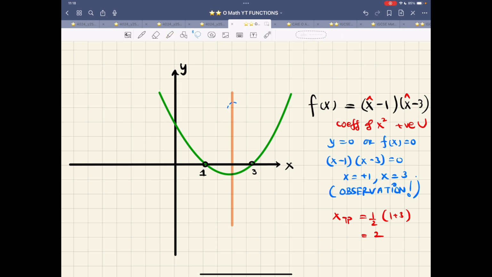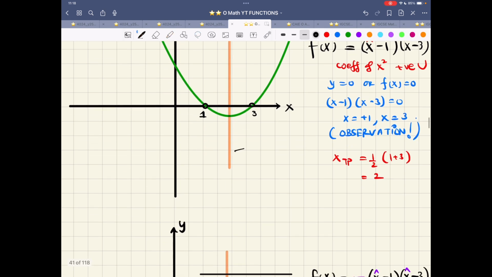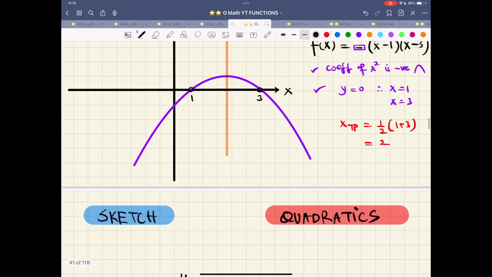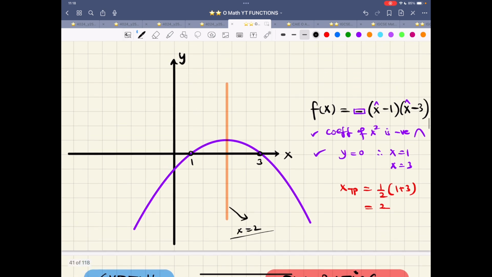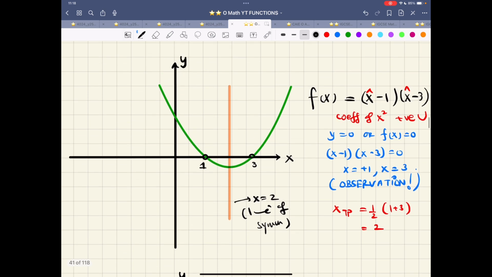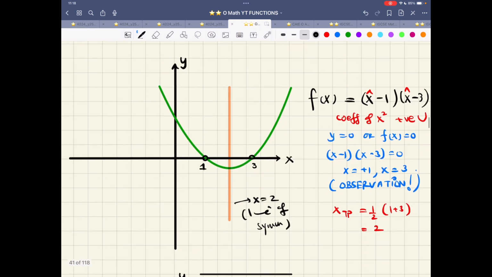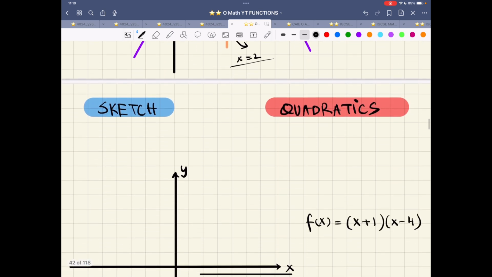And let me just shift it a little bit over here. So now let me write this as x is equals to 2. That is line of symmetry. And over here, this is also x is equals to 2. That is the line of symmetry. So that is the beauty of quadratics. You can reach the same thing by many different ways.